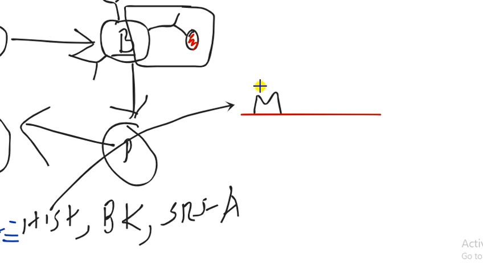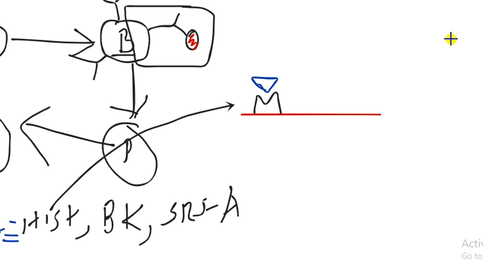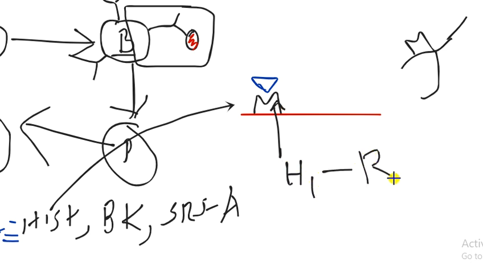Consider this is histamine, this is the blood vessel, and we have a nerve. The nerve also has histamine receptors, specifically the H1 histamine receptor, not H2.